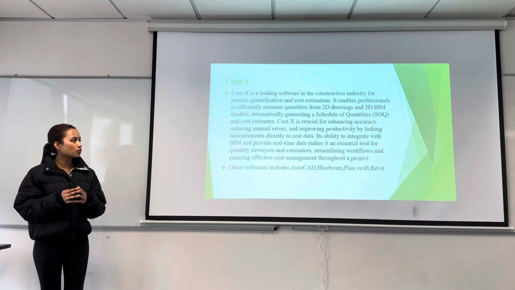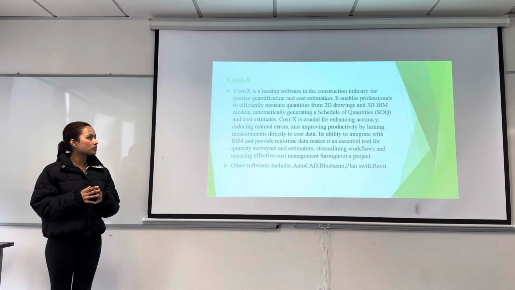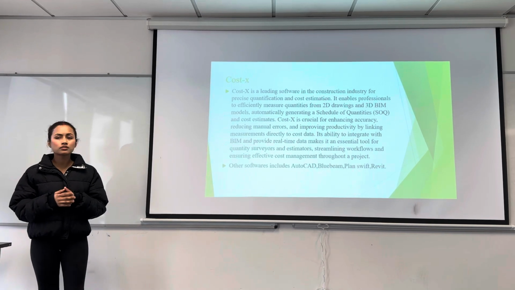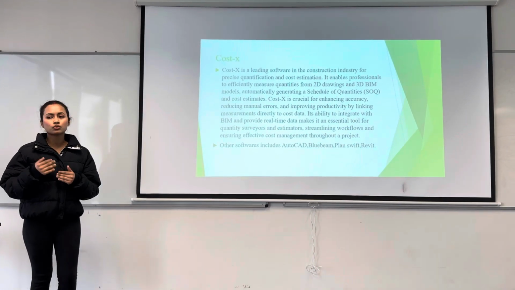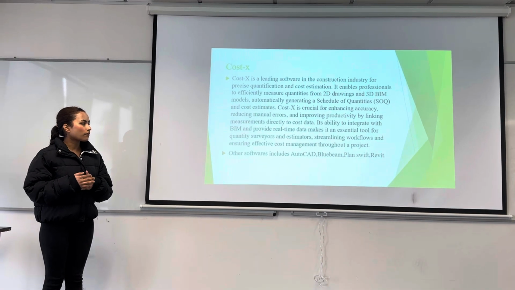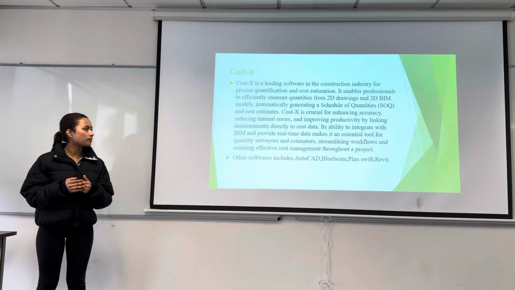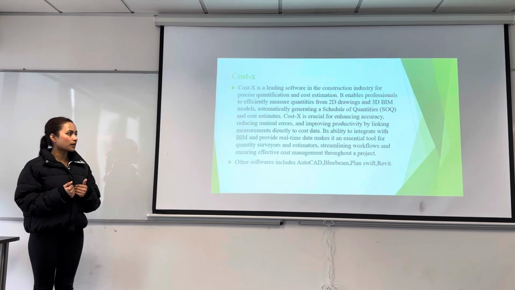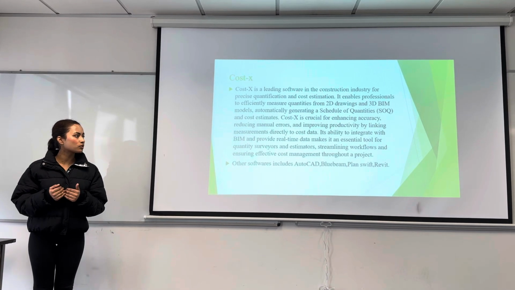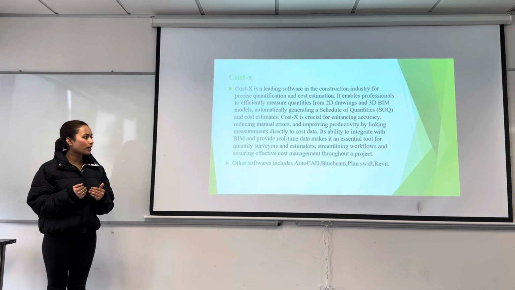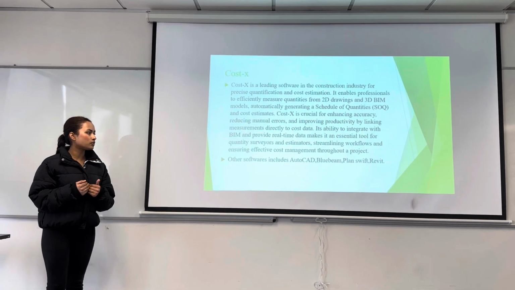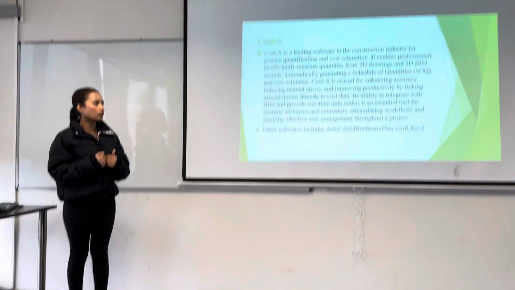It is crucial for enhancing accuracy, reducing manual errors, and improving productivity by linking measurements directly to cost data. Its ability to integrate with BIM and provide real-time data makes it an essential tool for quantity surveyors and estimators, streamlining workflows and ensuring effective cost management throughout the project.